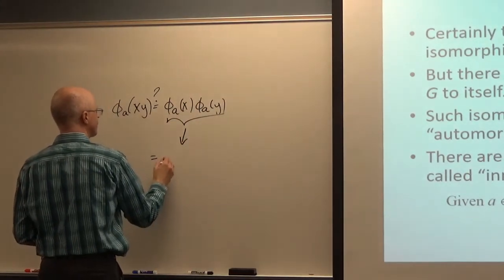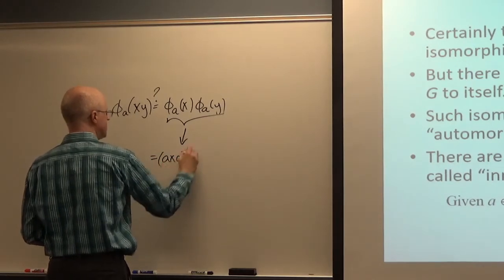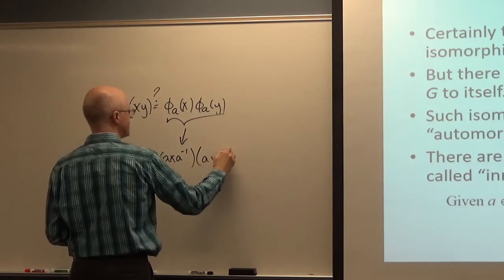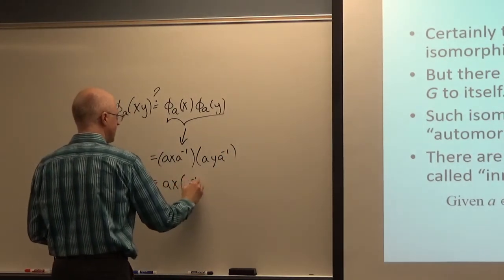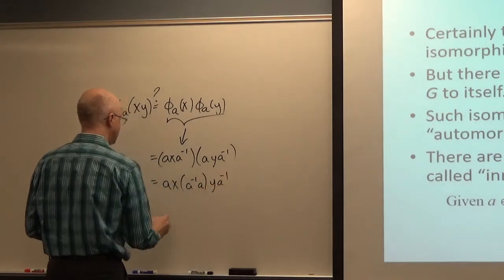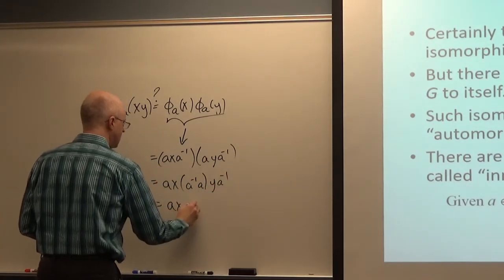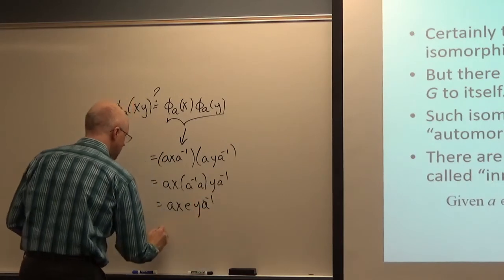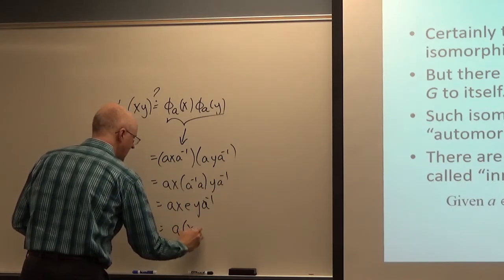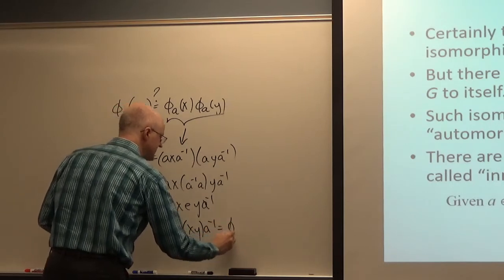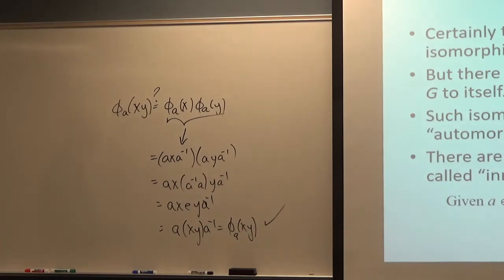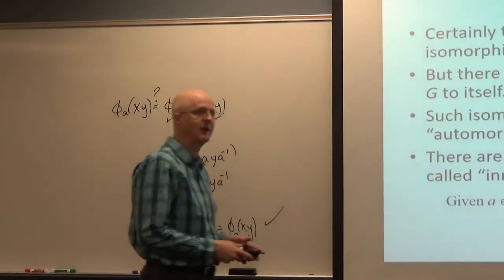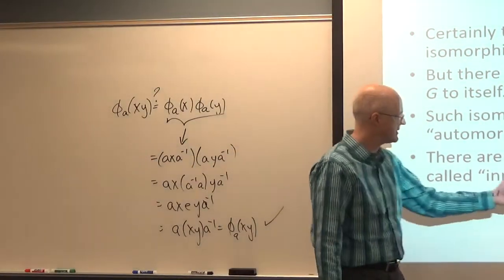This would equal A x A inverse times A y A inverse. Associative property brings you to A times xy times A inverse, which is phi sub A of xy. That does it. So it's one-to-one, onto, operation preserving from G to itself.